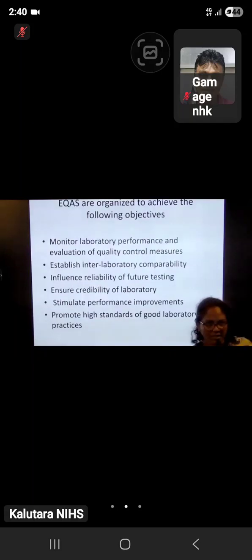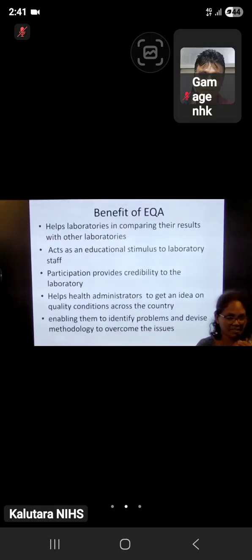And now we will see the advantages of EQA, the benefits of EQA. I think it's better to remember. So as I mentioned earlier, help laboratories in comparing their results with other laboratories. Comparability is there, that is important, and you can remember it without learning by heart.